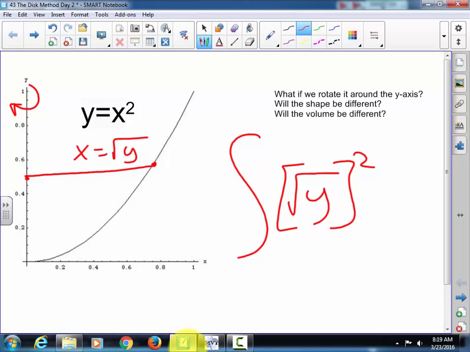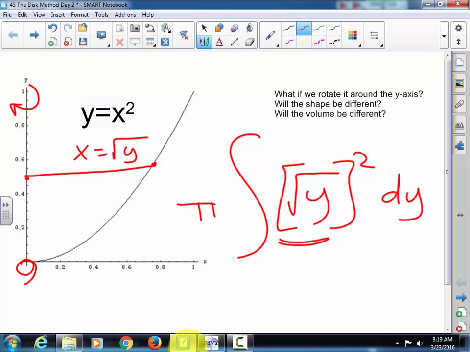What else changes? Now, because we've written that down for our radius, we've still got the pi out here. We are doing dy because our function in here is with respect to y, so it's dy, and our limits of integration also have to be y.